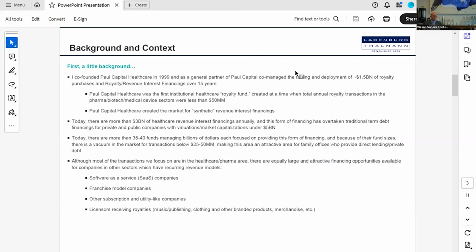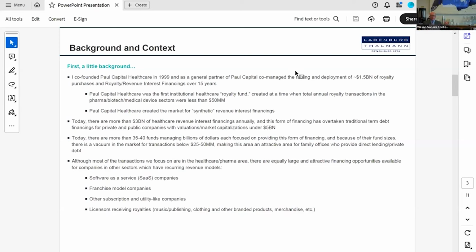Franchise model companies. All the Dunkin' Donuts that all of us love to go to for coffee, those locations are not owned by the company. Those are franchises, and those franchisees pay a royalty on their sales, a certain percentage of sales, up to Dunkin' Holdings or whatever the holding company is today.